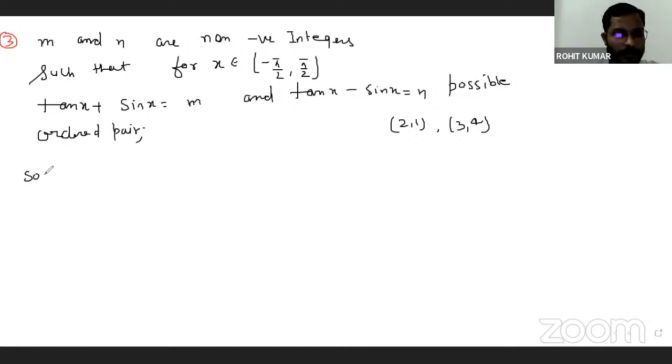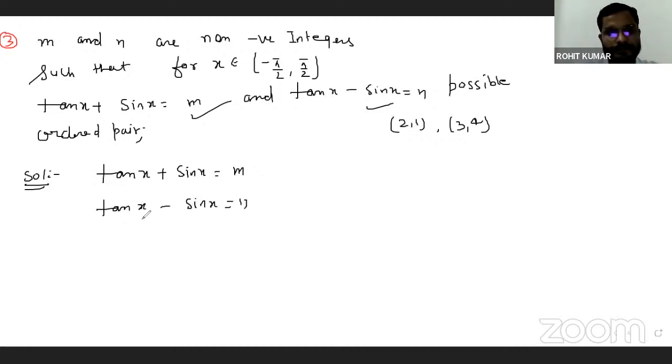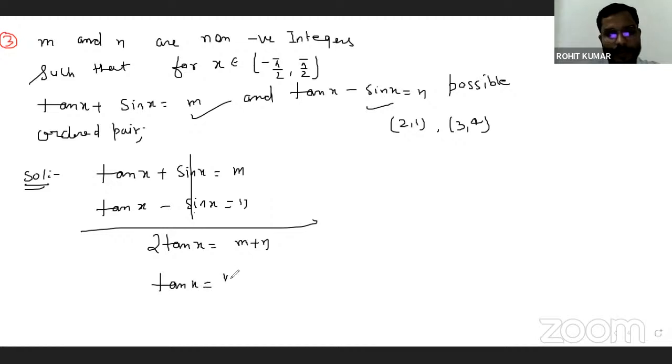Okay, let's think about this problem. Both of these are linear equations in tan x and sin x, so let's add them. When we add them, we get 2 tan x is equal to m plus n, so tan x is equal to (m plus n) by 2. Now, both m and n are non-negative integers, which means (m plus n) by 2 will be positive.